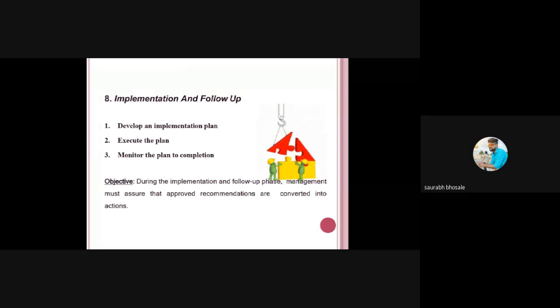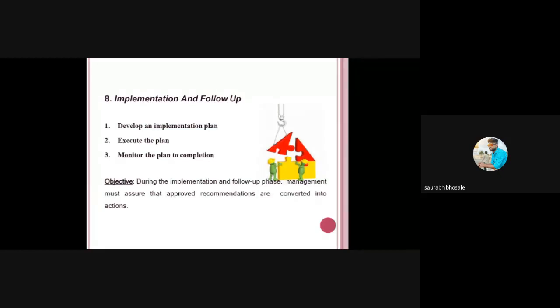Okay, so the awareness will be created in the workers and employees according to the changes, and they will be trained according to the action plan, and then after value analysis, the new techniques and products will be launched.